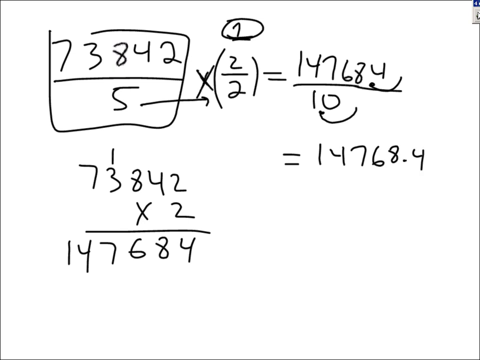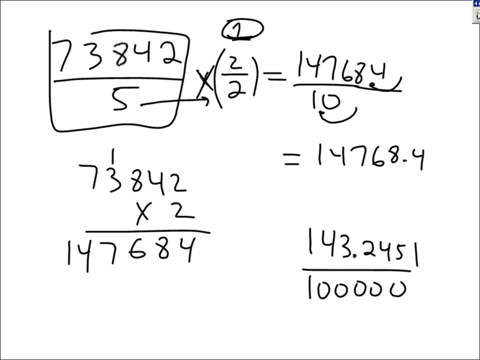Now, I do want to comment about something. What if you have 143.2451 and you want to divide it by 100,000? That is, you want to move the decimal 5 places to the left. And now you're dividing by 1, which means you don't even do it.